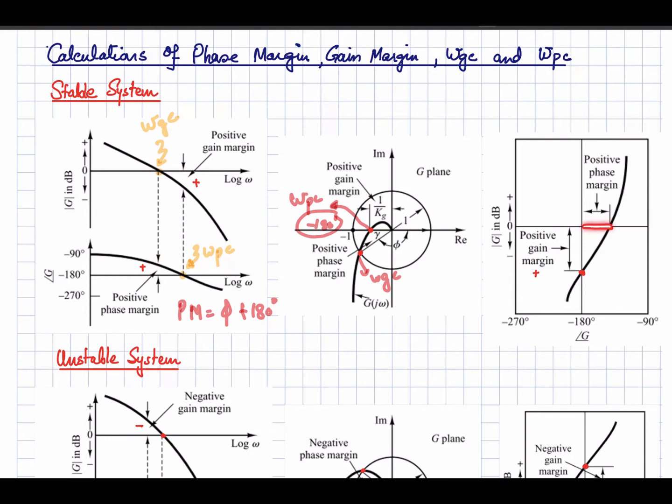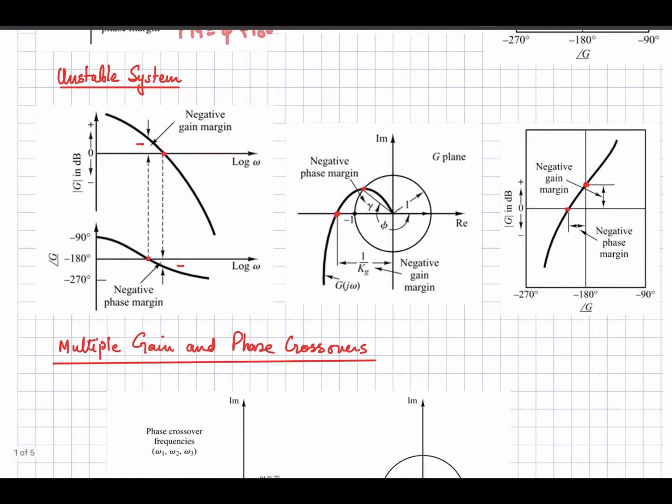So this is positive phase margin if it is in this direction of this line towards the higher angle with respect to minus 180. In this direction there is the positive phase margin, and in this direction there will be the negative phase margin. So for a stable system, you can have this graph between the dB gain and the phase angle of your system. And for an unstable system, the same graph will look like this.